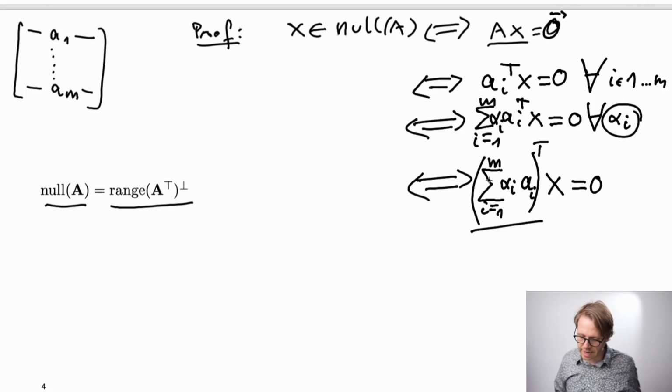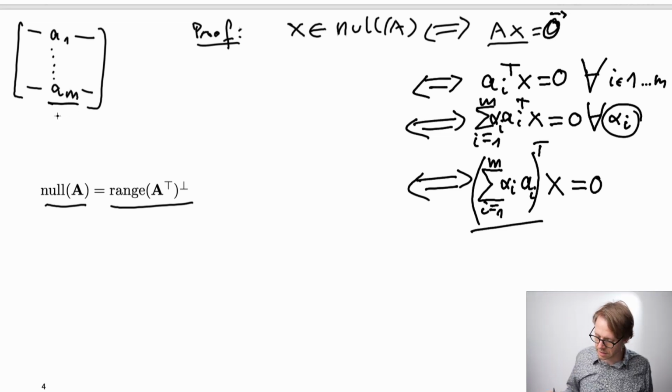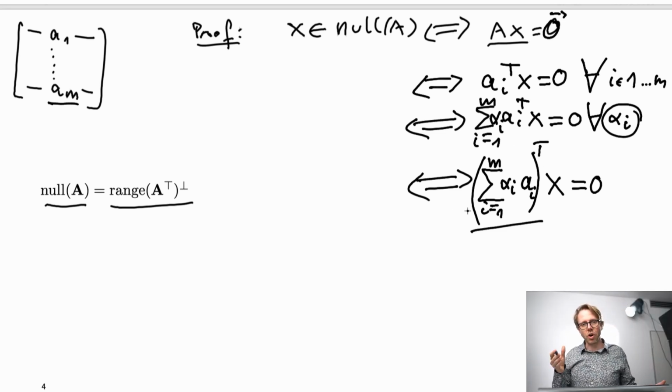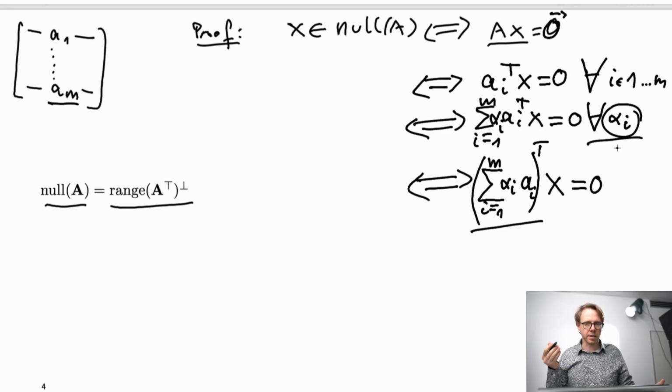This sum, if we plug in arbitrary alphas, represents the set of all possible linear combinations of the rows of A. Thus, it's basically any member of the row space of A, if it holds for any scalar values alpha.